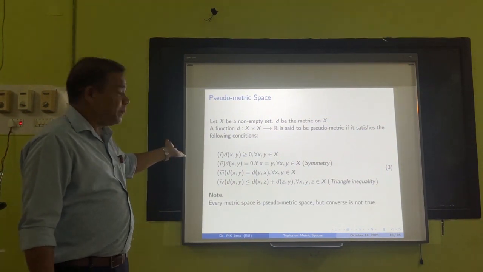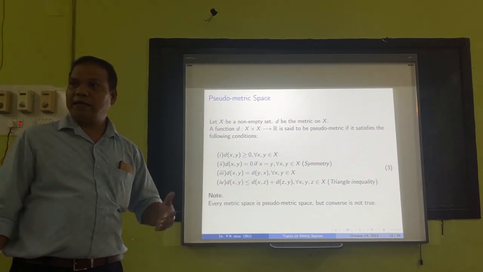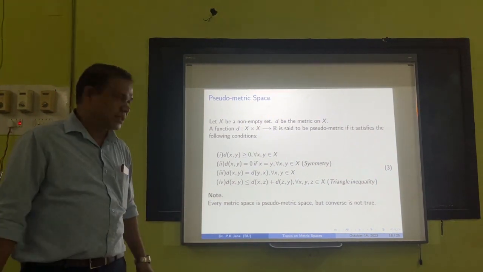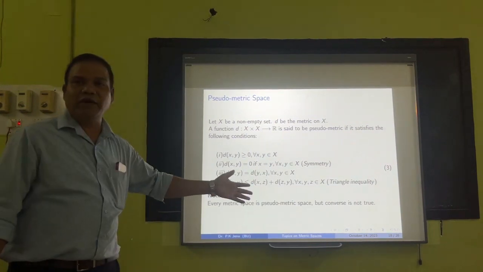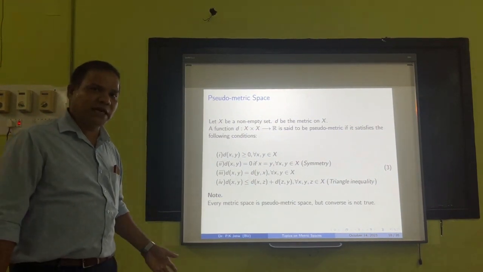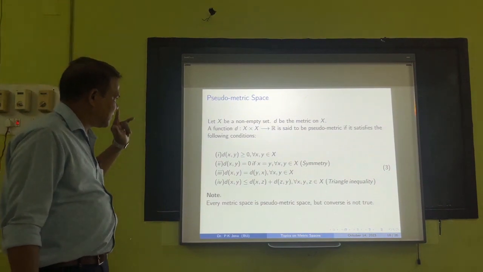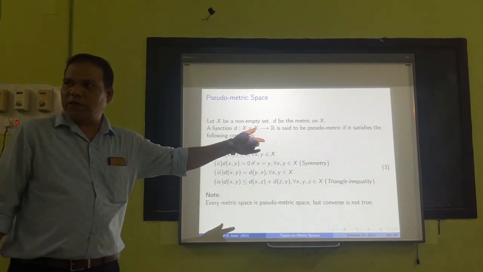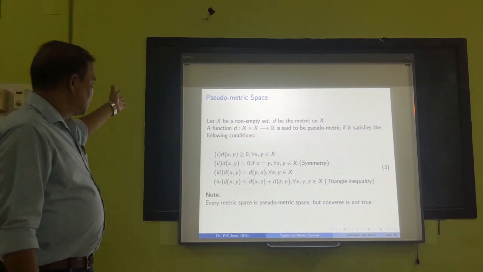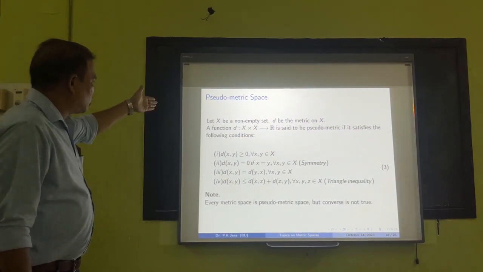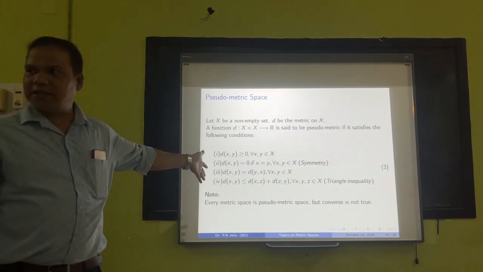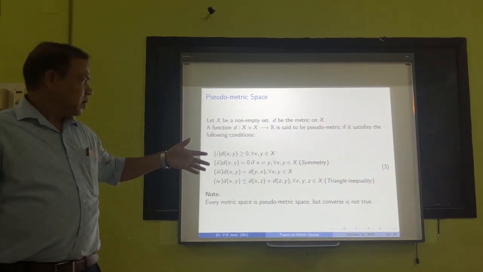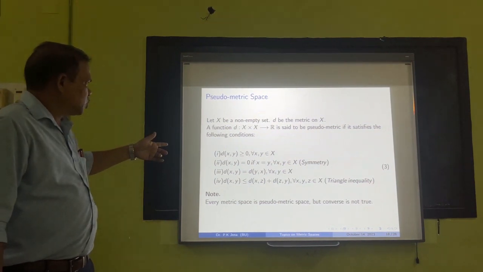Only if x is equal to y do we take D of x y as 0, and D of x y is D of y x, and the triangle inequality. All the properties are the same as the metric space except the second one. The non-empty set together with a metric which satisfies these four properties is known as a pseudo-metric space, or simply a pseudo-metric.